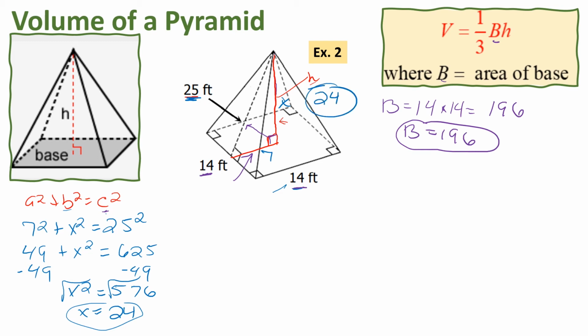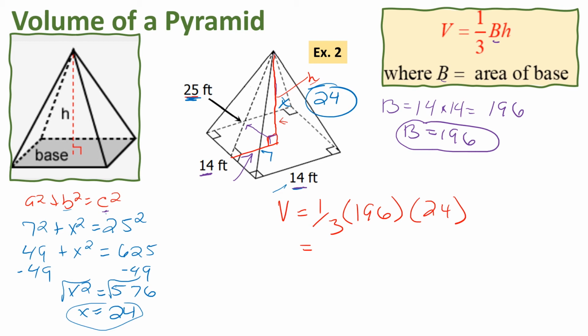So now I can plug it in. Volume equals 1/3 base, which is 196, times the height, which is 24. And I could just multiply that straight across. I could do 196 times 24.